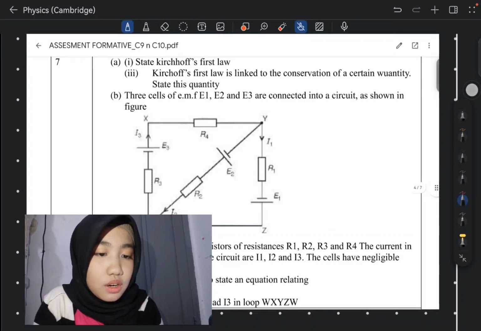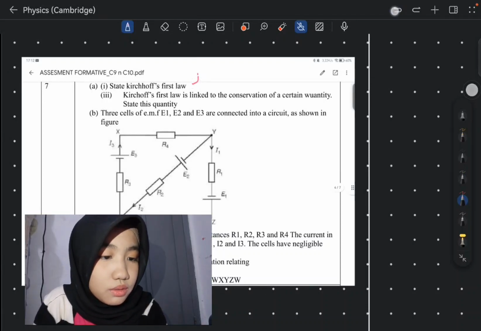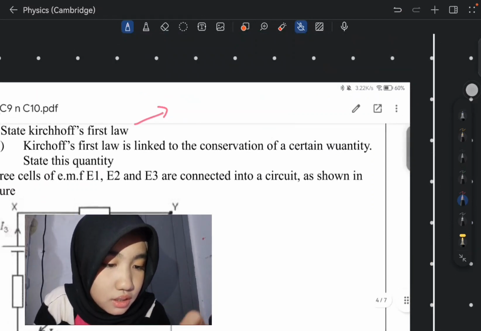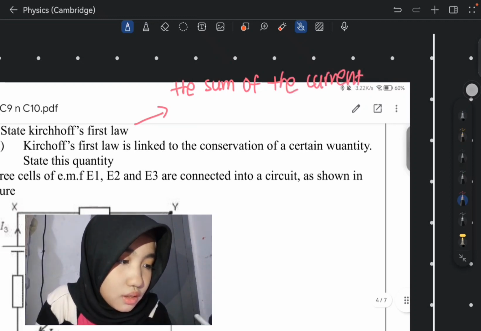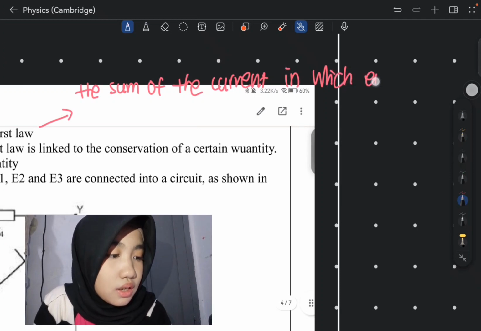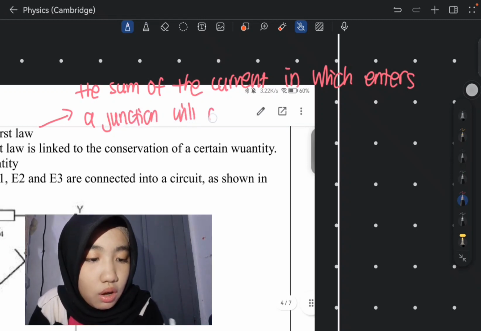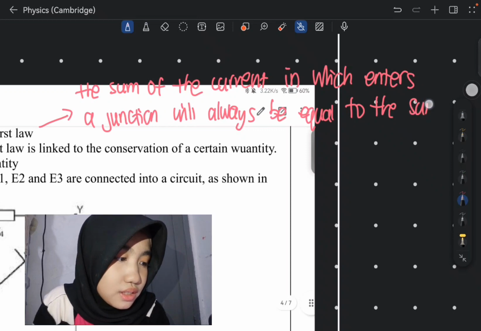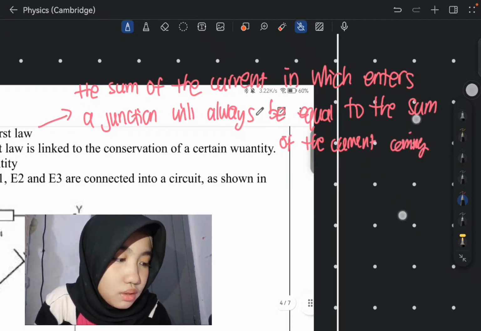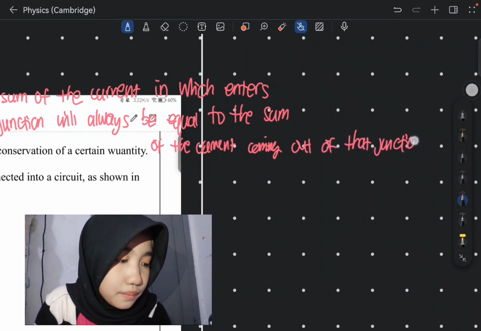All we have to do here is to just restate the first law from Kirchhoff's, which is the sum of the current which enters a junction will always be equal to the sum of the current coming out of that junction.